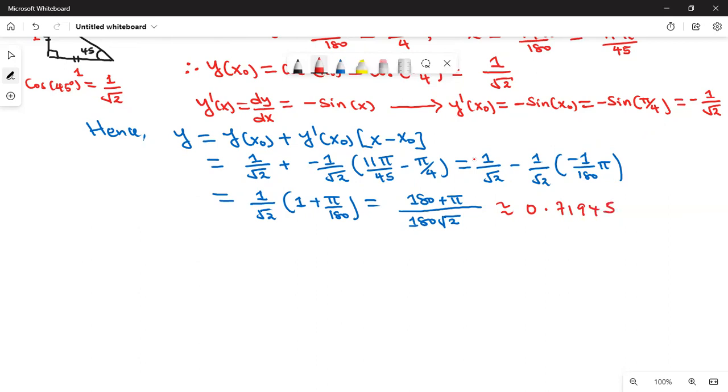So you can now say that, therefore, cosine of 44 degrees is approximately equal to 0.71945.